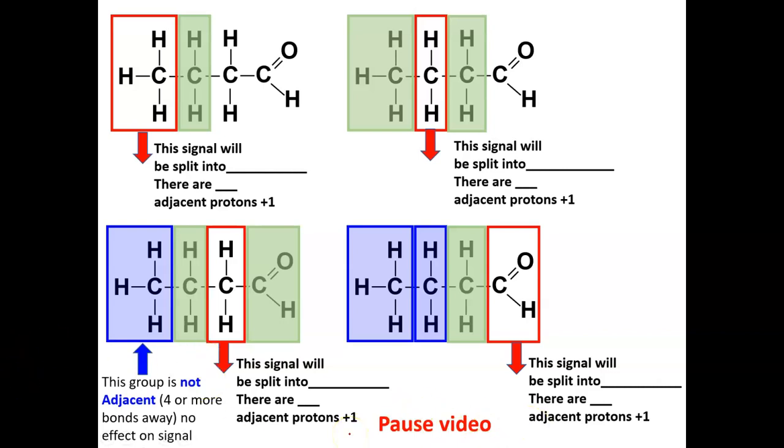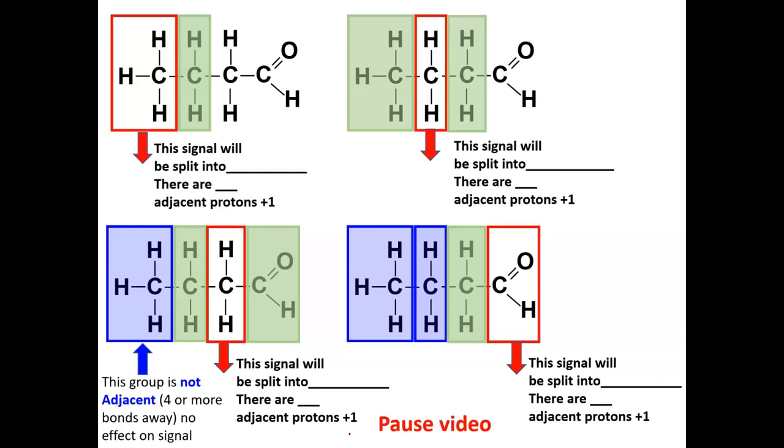Okay, well, I hope you managed to decipher those. The signal for the top left-hand side methyl group will, of course, be split into a triplet because there are 2 adjacent protons +1. Top right, the signal here will be split, of course, into 3 and 2 is 5 and 1 is 6. So that is what's called a sextet or a multiplet because, of course, there are 5 adjacent protons +1.